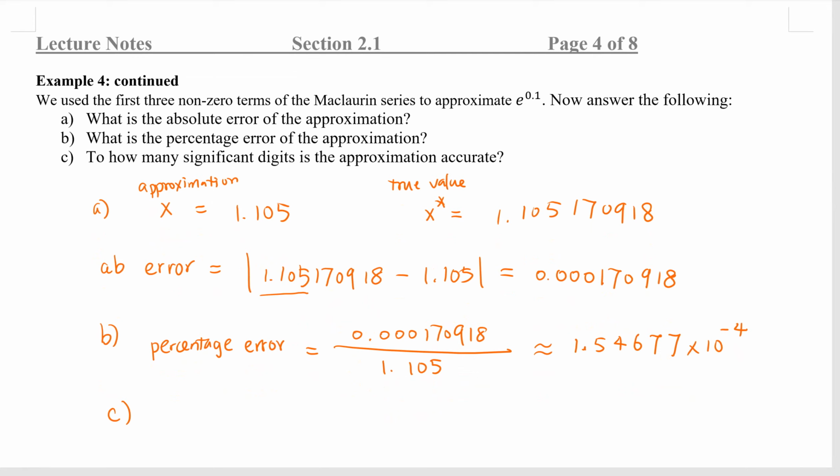And then, to how many significant digits is the approximation accurate? Well, this answer is less than 5, right? 1.5 is less than 5 times 10 to the minus 4. So 4. That's why we say our approximation approximates our true value to 4 significant digits.